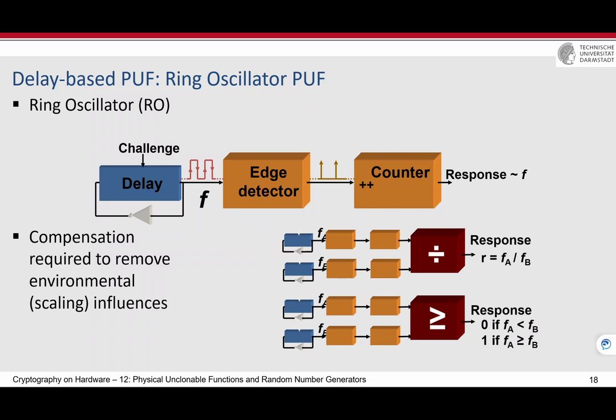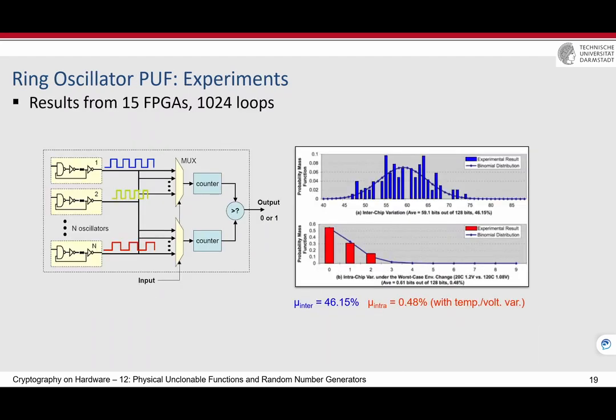Another one, which is the best known ring oscillator PUF, is that you have a couple of ring oscillators, of course with some enable signal. You can enable or disable them, and each of them produces one clock signal with a certain oscillation frequency.